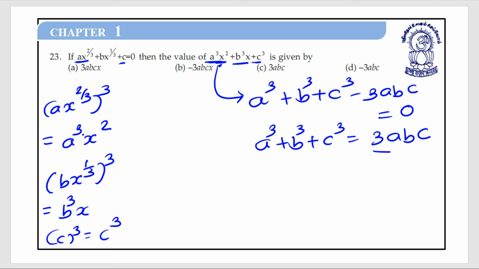So here a cube plus b cube plus c cube is equal to 3abc.